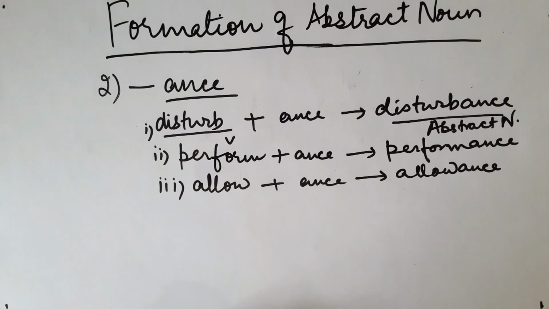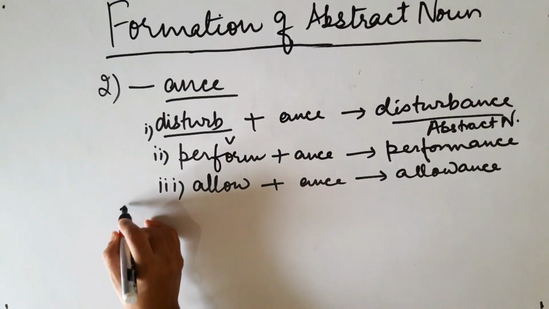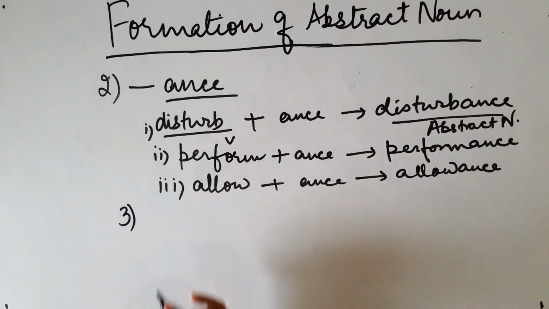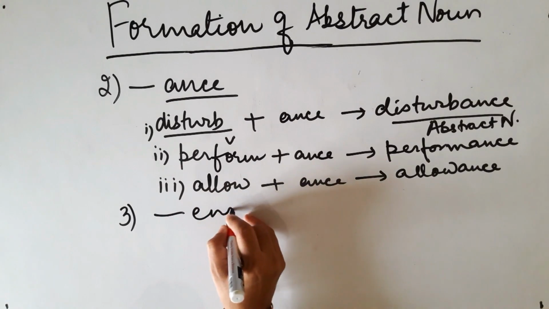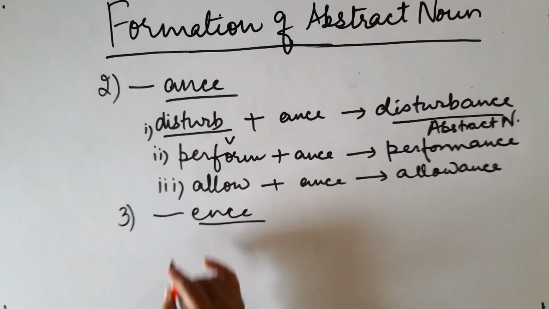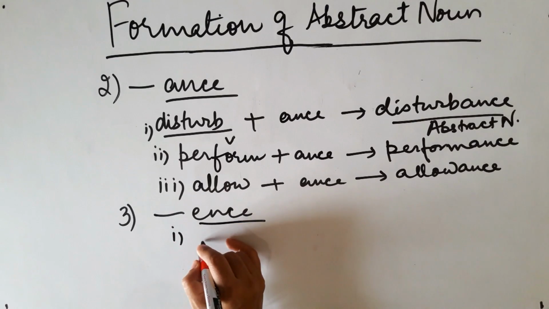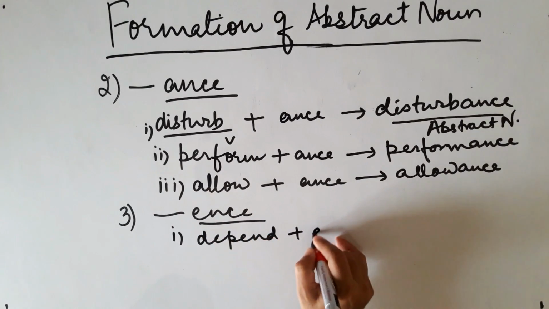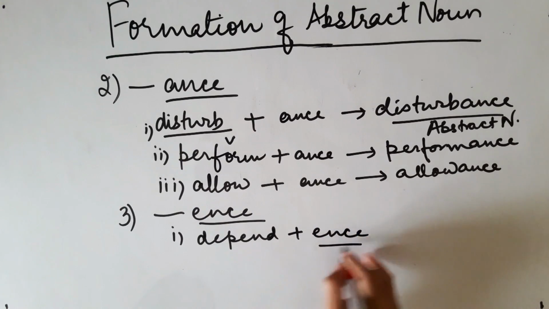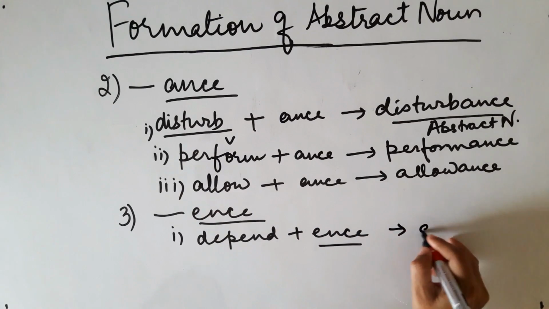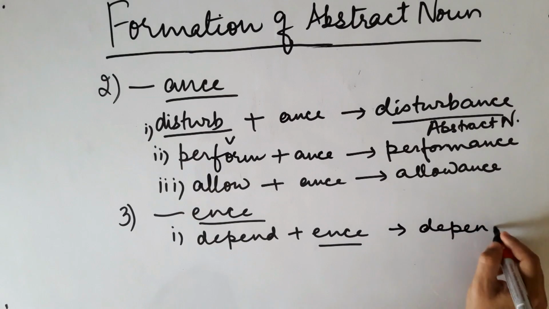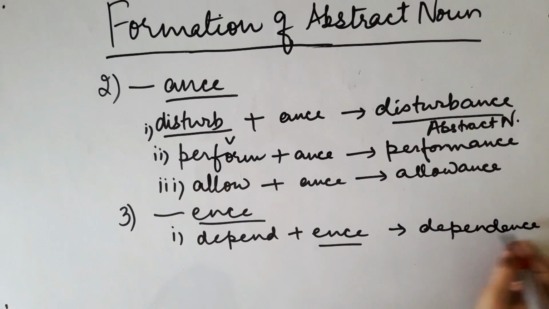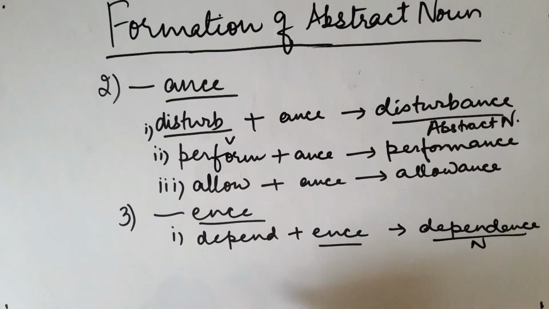Next we have another way of changing verb into abstract noun, which is by adding ence to the verbs. Now here we take words like depend. If we add ence to this word, it becomes dependence, which is again a noun.